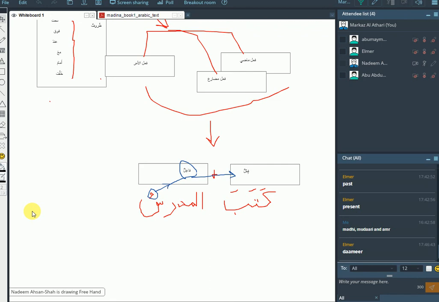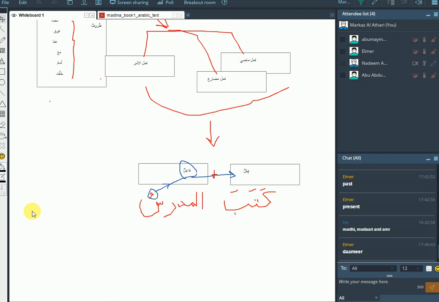Because of the dhamma, you knew that this is the person who did the action. That's the fa'il. And the significance of this is to differentiate between the one who did the action and the result of the person's action.